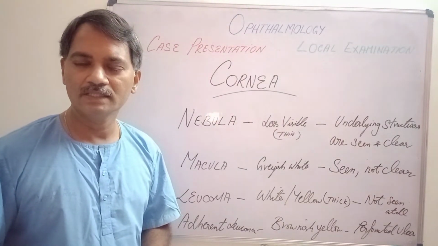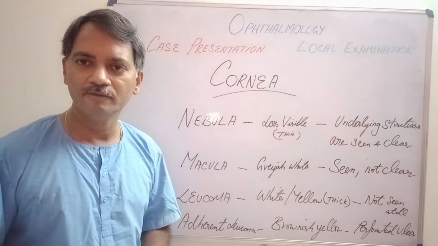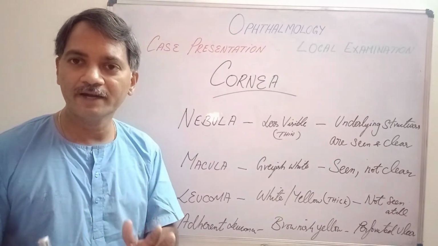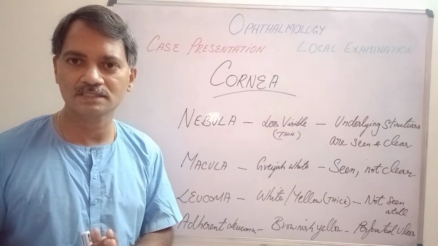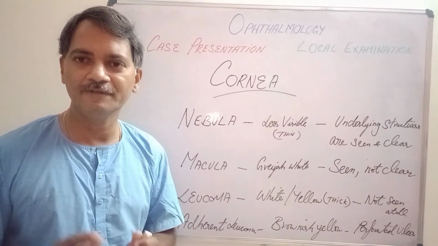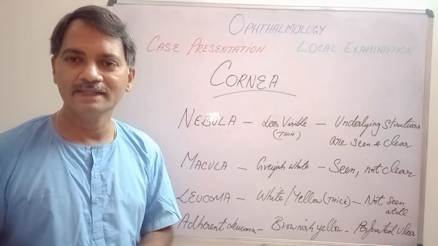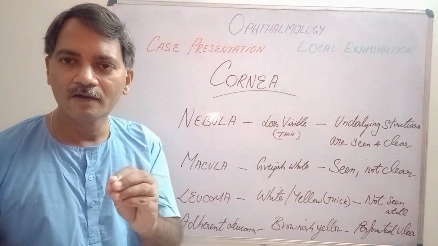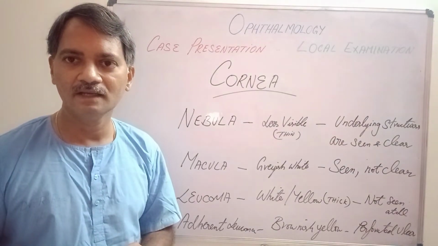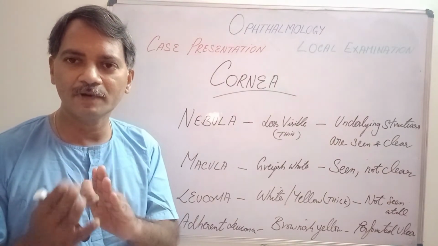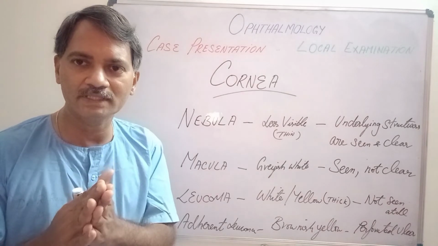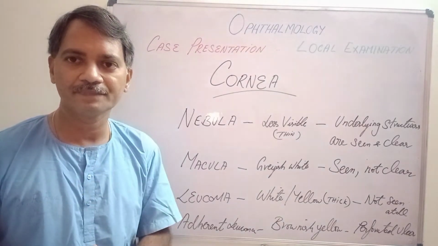Adherent glaucoma is a condition which occurs in perforated corneal ulcers. If a corneal ulcer has perforated and the iris has closed that perforation, then both the iris and the perforated cornea heal together to form a scar.